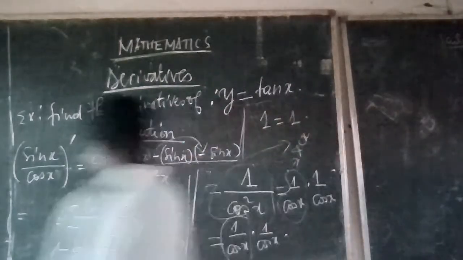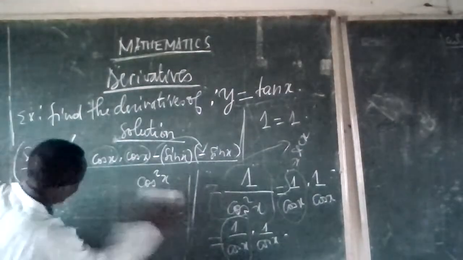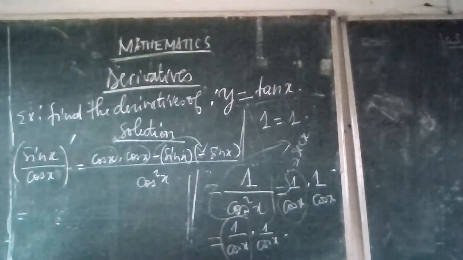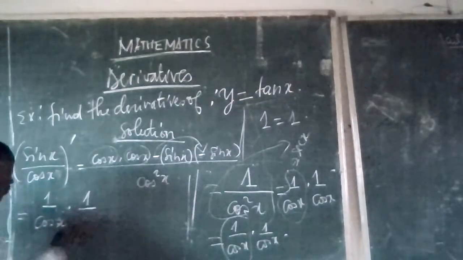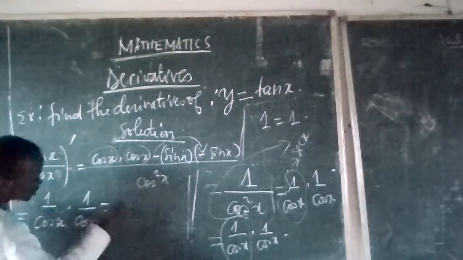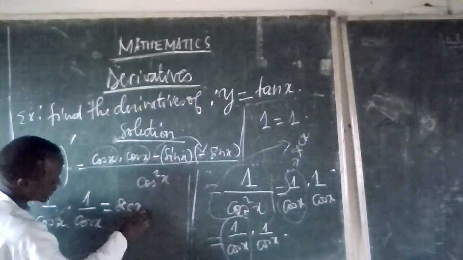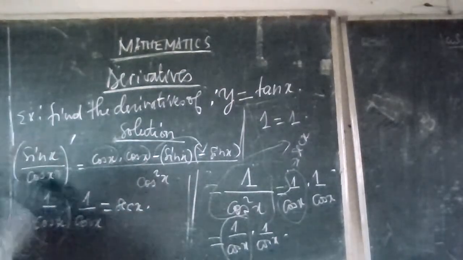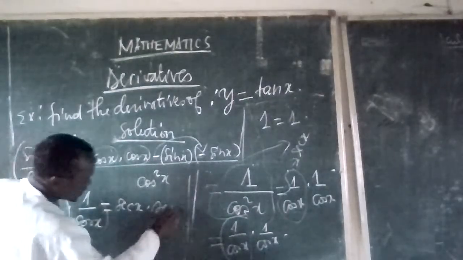Then finally, where we have 1 over cosine x times 1 over cosine x, it should be sec x times sec x, and this one also is equal to sec x.